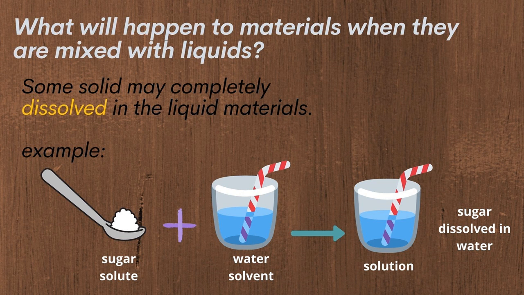So, remember that some solid will dissolve in the liquid material. Hindi nyo na makikita si sugar, unless you taste it from the water, doon nyo lang malalaman na there is sugar in this water. So again, some solid may completely dissolve in the liquid materials.